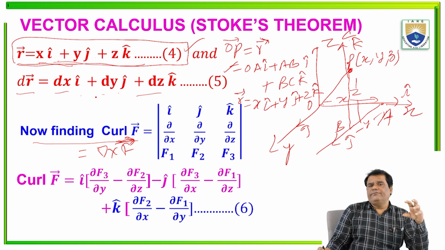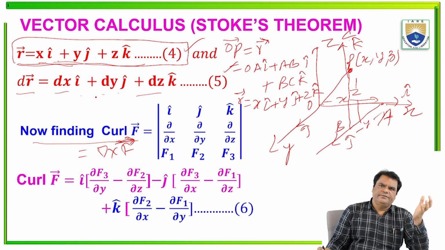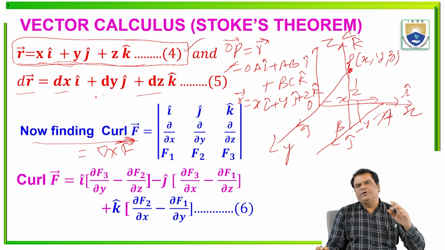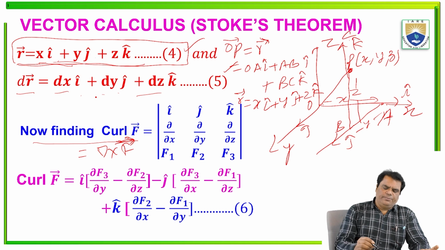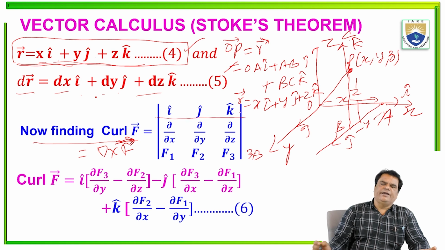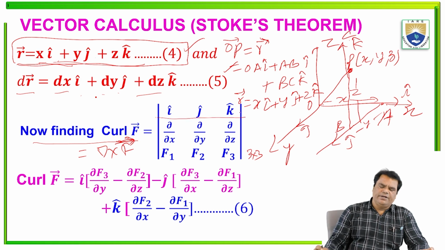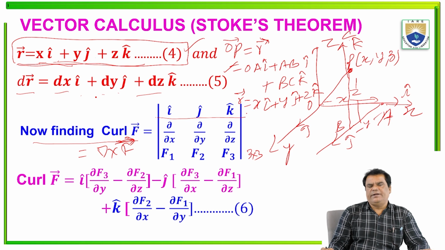Del cross f is always calculated with the help of a determinant. This is a cross product, and cross product means vector product. The value of the vector product between two vectors is found with the help of a determinant. So I am taking here a 3 by 3 determinant. Here the first row is i j k, the unit vectors taken in the first row of the determinant.